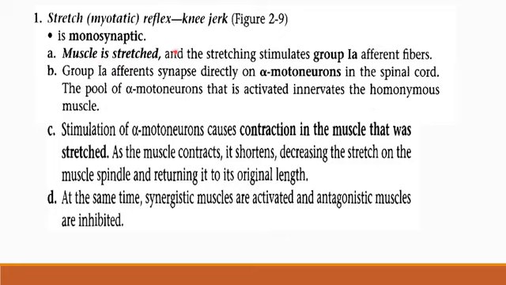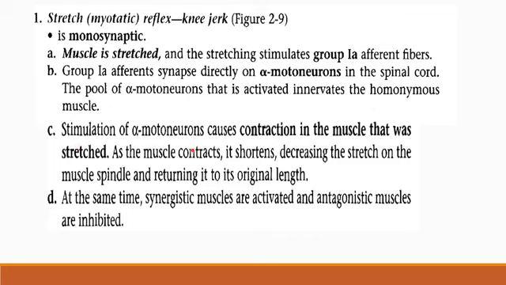So when the muscle is stretched, the stretching stimulates group 1A afferent fibers of the muscle spindle of the quadriceps muscles. These afferents synapse directly on the alpha motor neurons in the spinal cord. The pool of alpha motor neurons activated innervates the homonymous muscle, that is the same quadriceps muscle from where the afferent fibers are produced.